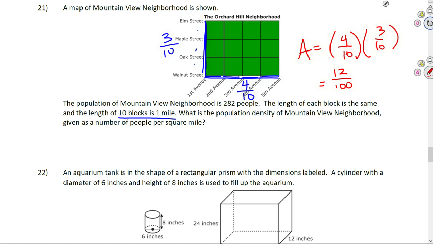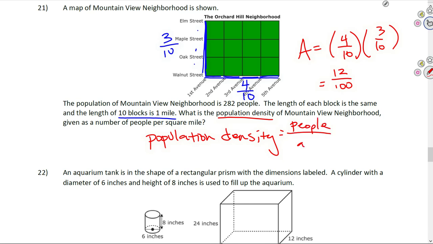Okay, the population density is people over the area. The people is 282, and the area is 12 over 100, which, just for easy math, is 0.12.